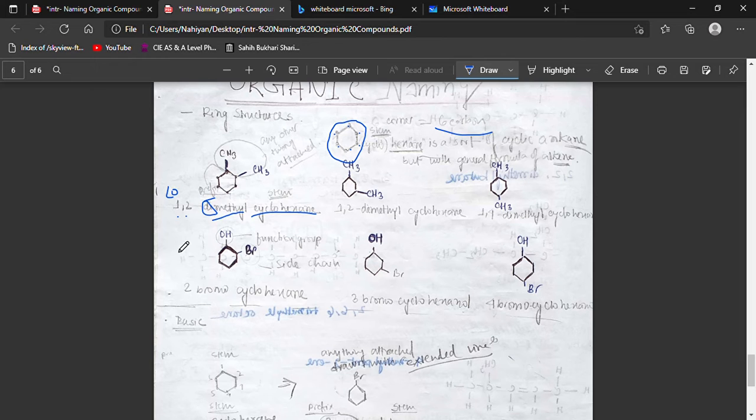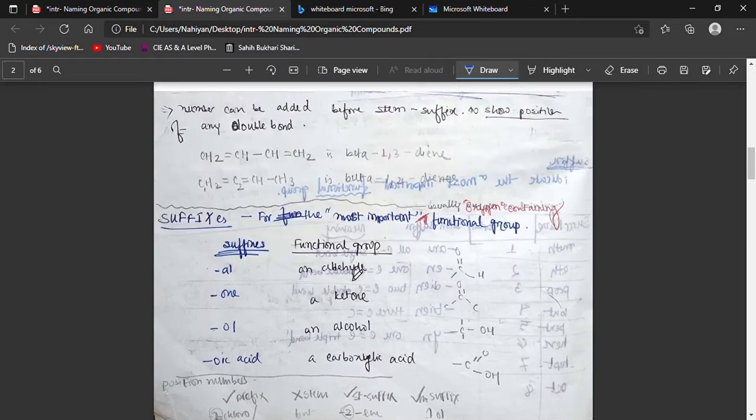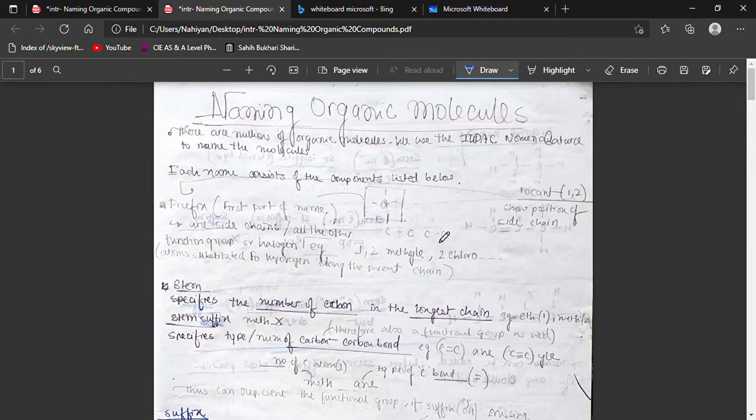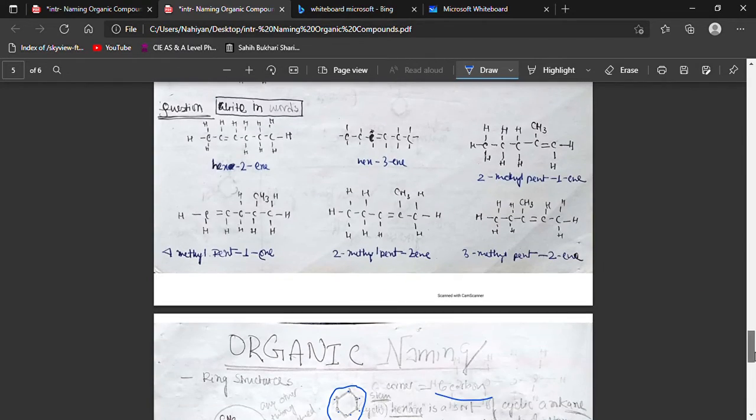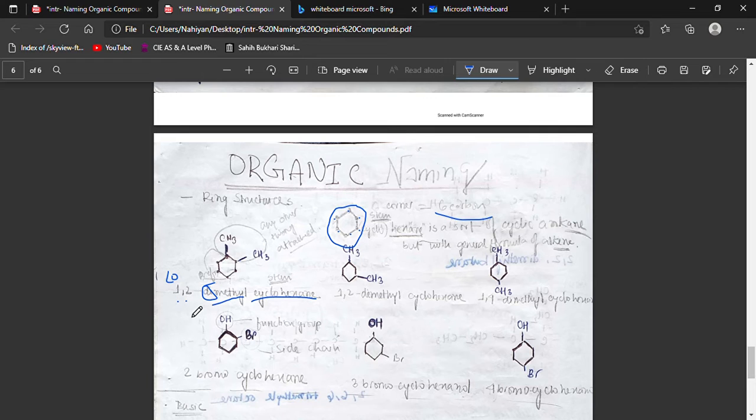We looked at how to put this in order in the previous video. You first put the locant, which shows the position of the side chain, then you write the prefix. The prefix could be the side chain. As we are seeing here, the first part of the name in the ring structure is 1,2-dimethyl.